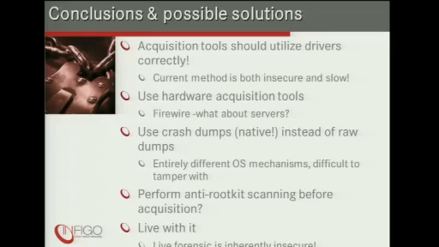Another alternative is to use the native crash dump functionality, which is built into the Windows operating system. Why? Because this crash dump mechanism uses completely different functions from the regular operating system, and it's really difficult to subvert them. It's difficult to thwart this kind of mechanism, but it is possible. I have done some research on that. Another possibility is for an acquisition tool to perform anti-rootkit scanning.